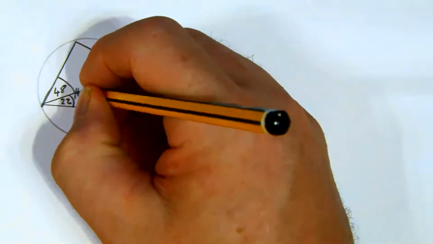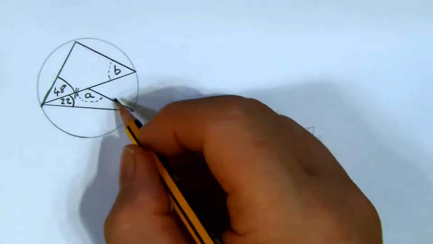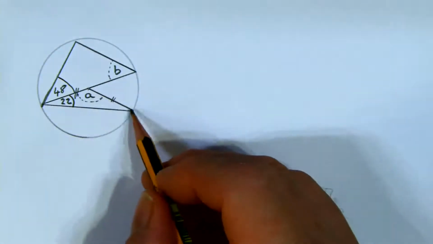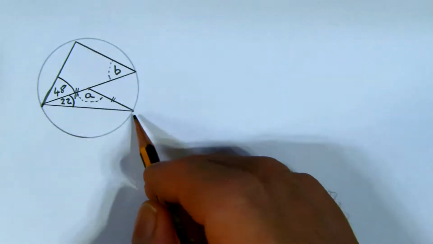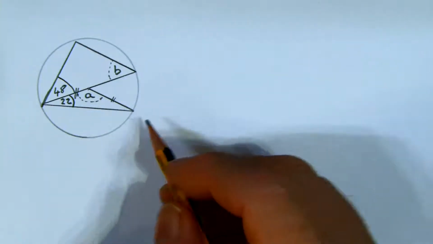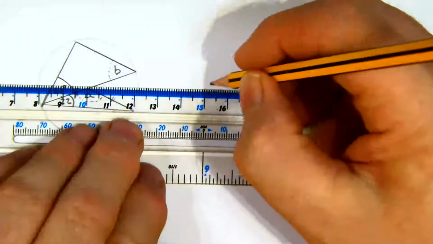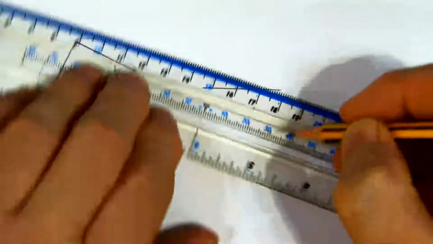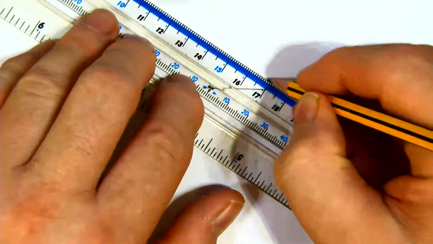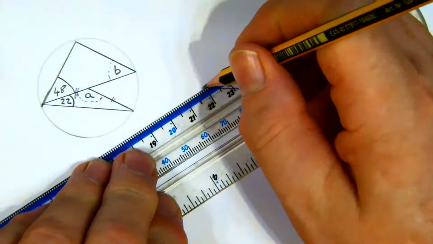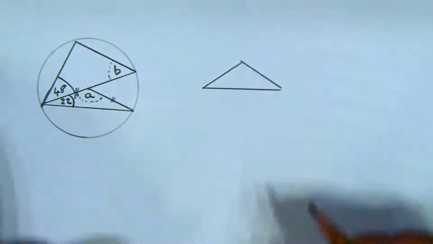Well, let's see what we know. I know that this is a radius and this is a radius. So therefore, this triangle here is an isosceles triangle. So because I've got myself a little isosceles triangle, what can we say about this?